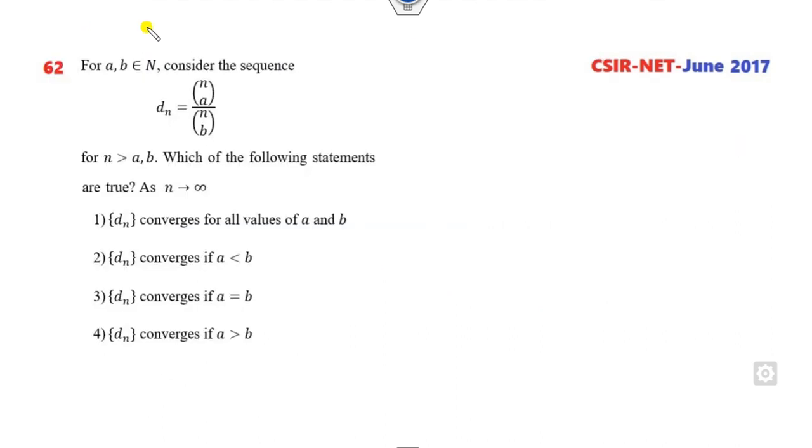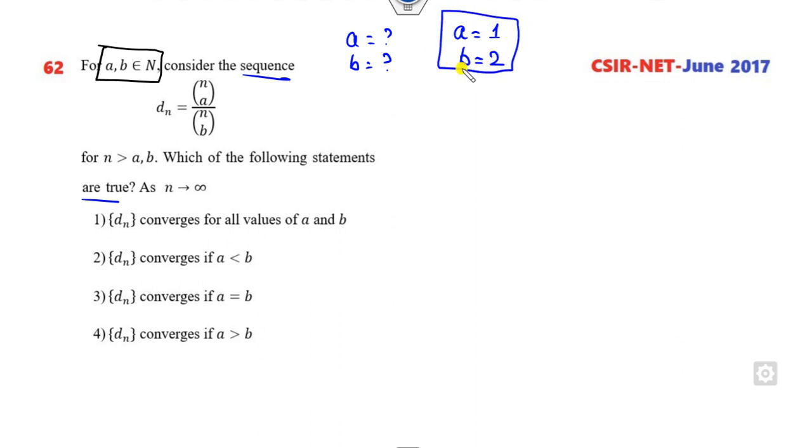Okay, A and B are natural numbers such that this sequence, which of the following statements are true? What is the value of A and B? Is it given to you? No. So you can choose any value as per your convenience. If I take A as 1, B as 2, fine, that is, I consider the first case here. What is my D of N?